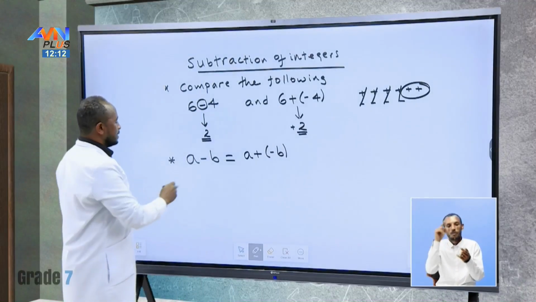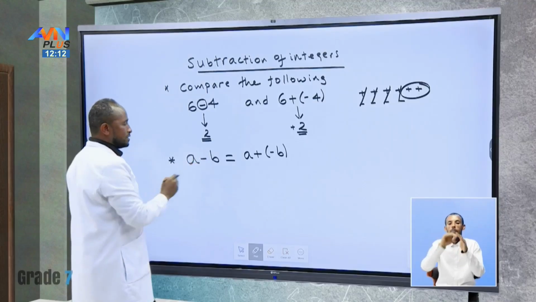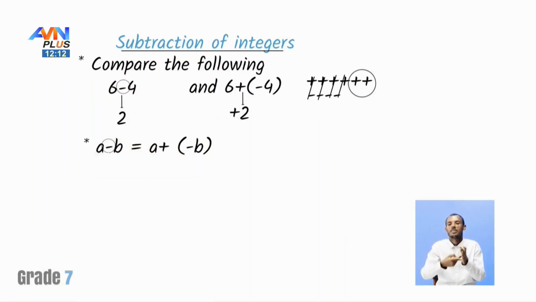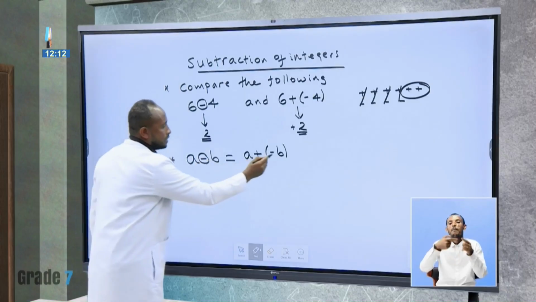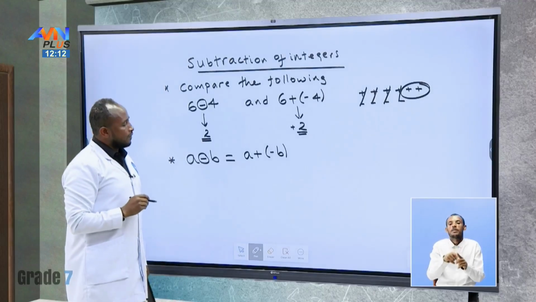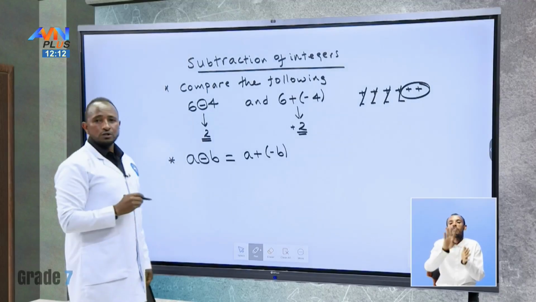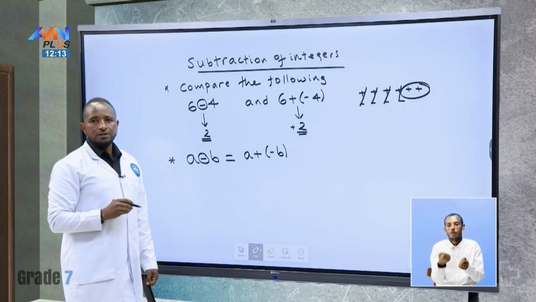Similarly here, A minus B means just change this into addition, plus, and the opposite of B is minus B. Therefore, we follow this procedure for subtracting integers.